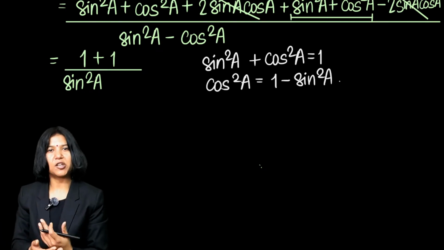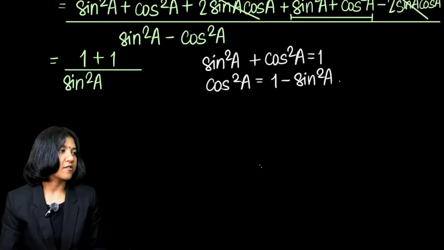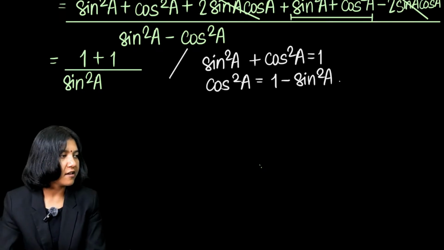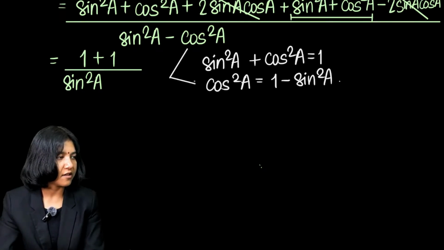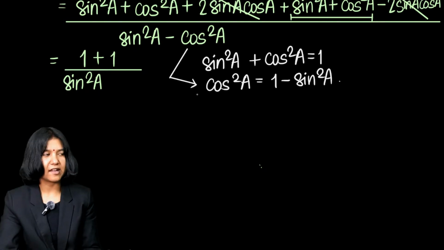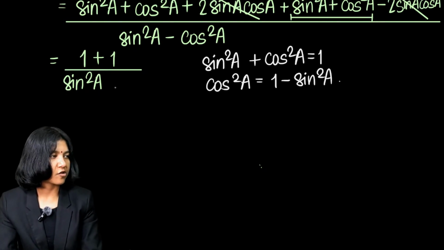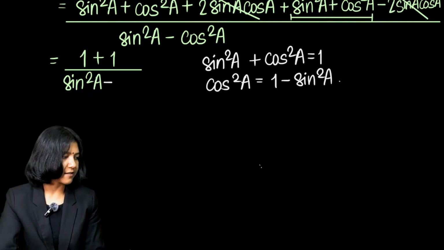We might have to manipulate it whenever needed. So instead of this cos squared A, I will go ahead and write this. I will write all in terms of sine. Instead of minus cos squared A, I'll keep that minus as it is.